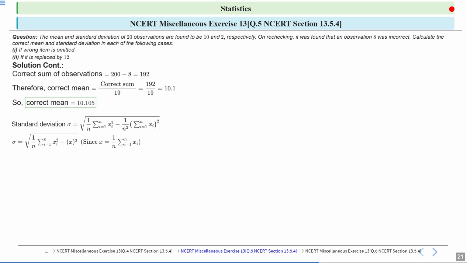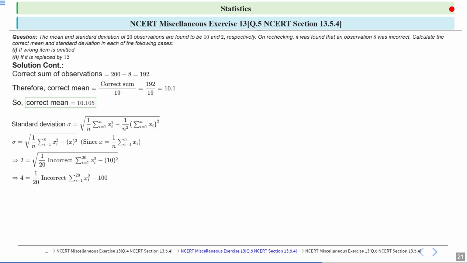So sigma equal to square root of 1 divided by n summation from i equal to 1 to n of xi squared minus x bar whole squared, since x bar is 1 divided by n summation from i equal to 1 to n of xi. So it implies 2 equal to square root of 1 divided by 20 times the incorrect sum from i equal to 1 to 20 of xi squared minus 10 whole squared.